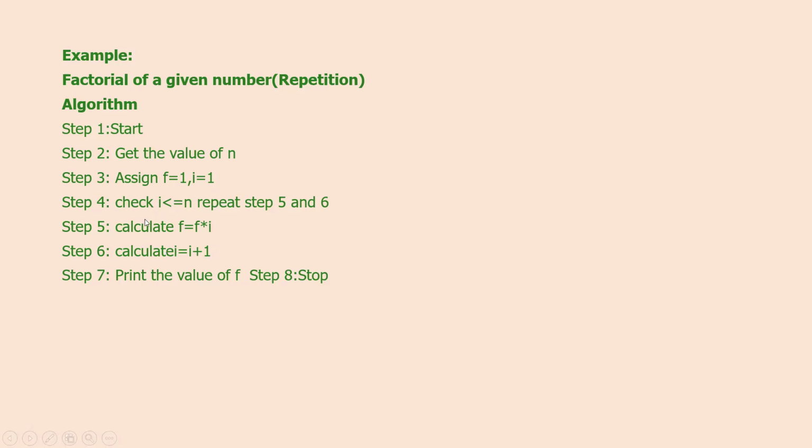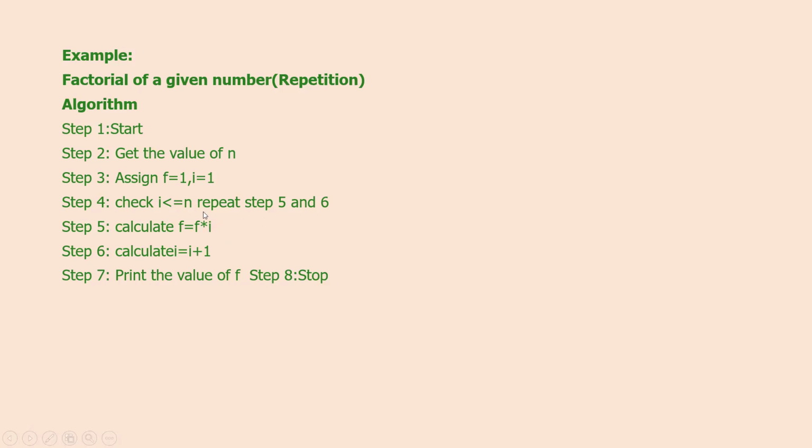Now in the second iteration, you have to repeat steps 5 and 6 as long as the I value is less than or equal to n. Now the I value is 2. Is 2 less than or equal to 5? Yes, true. True means one more time these two statements will execute. So I will be incremented continuously, and f will also be multiplied continuously.